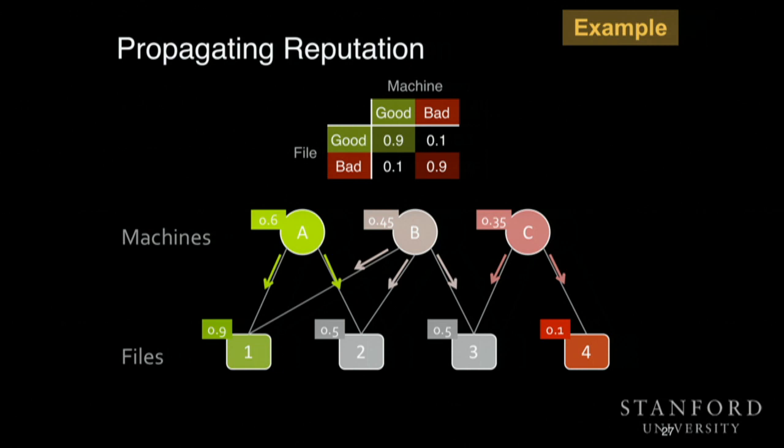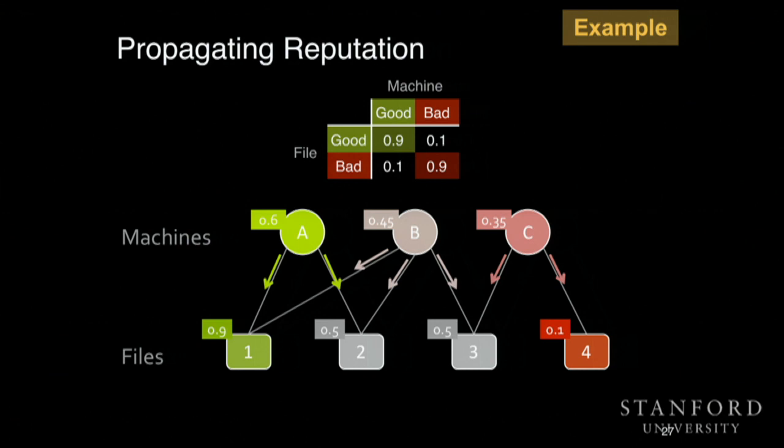It can start from either side, from the machine or files. So here we say start from the machine. Each machine would send a message to the file that it is connected to, basically to tell the file what its opinion about it is. So for example, machine A, in this message, will be telling file 2 that, hey, you are probably good because I'm good.